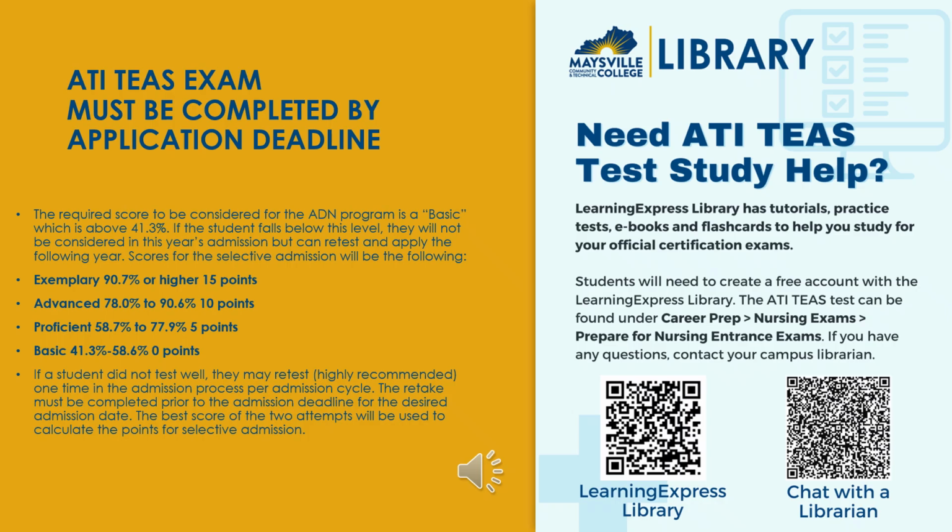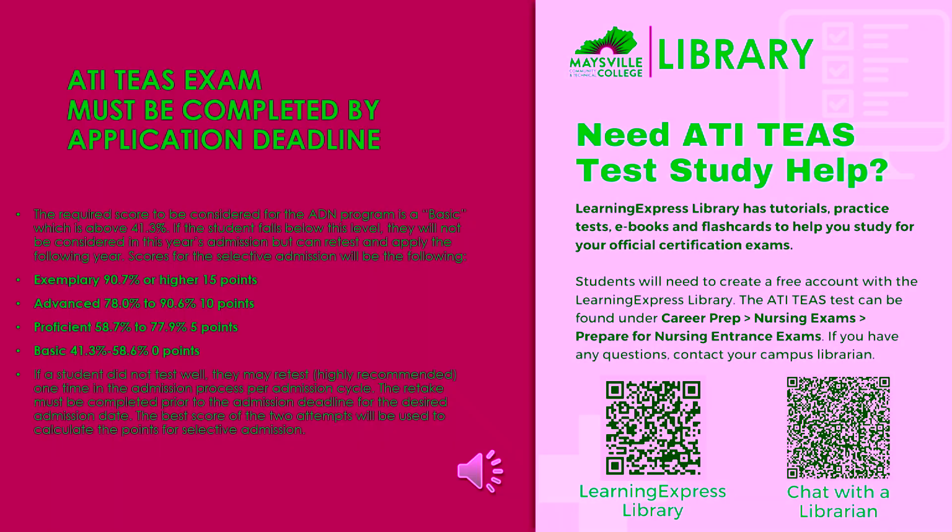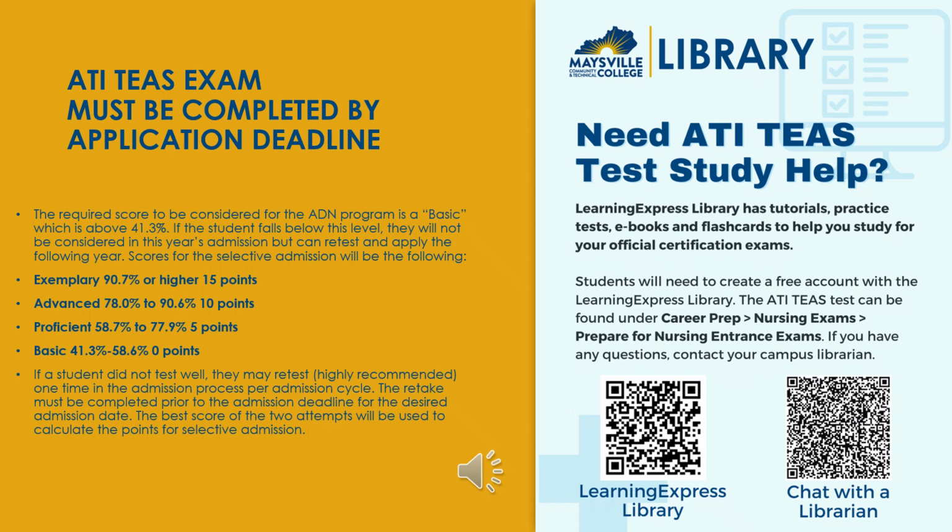If you get below a 41.3, that is considered remedial, and that is why we can't consider you for the program. So if you didn't test well the first time, you may retake it 1 time per admission cycle, which is that admission year. The retake has to be completed prior to the admission deadline for the desired admission date.